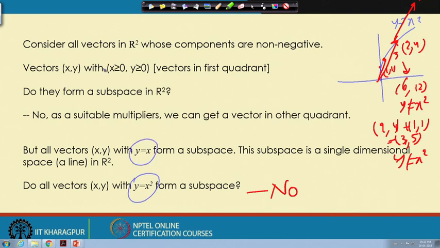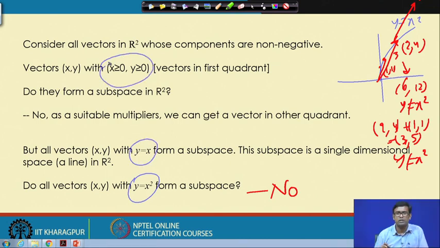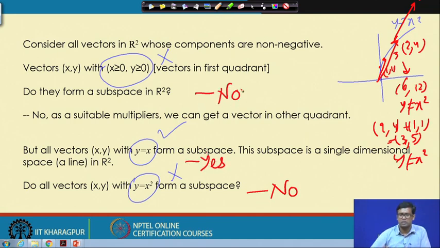This criteria is not satisfied by the resultant in the first and third case, whereas it is satisfied in the second case, and that is why this is a yes case and these two are the no cases.